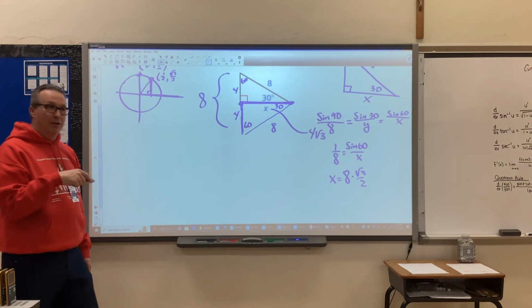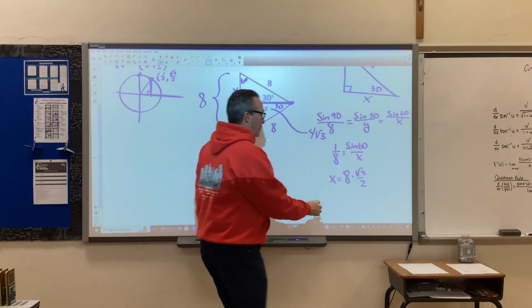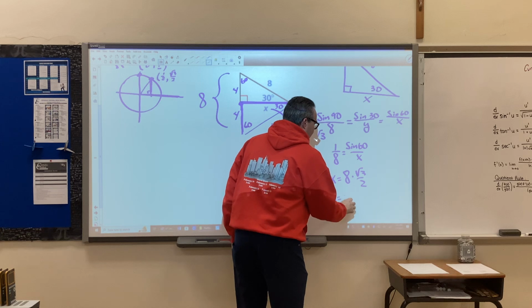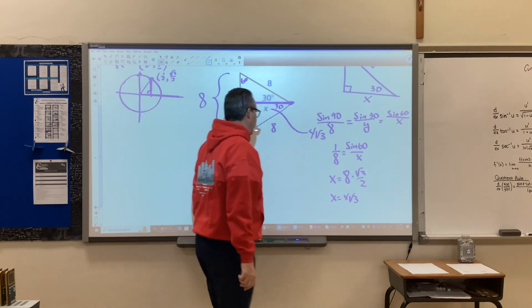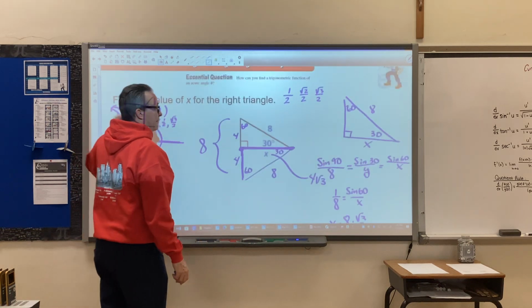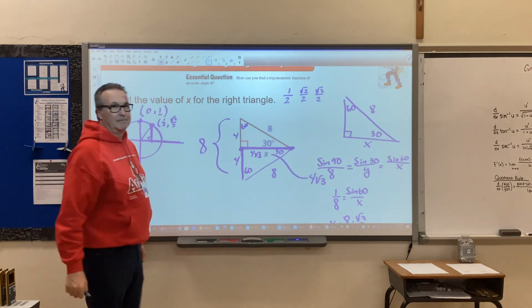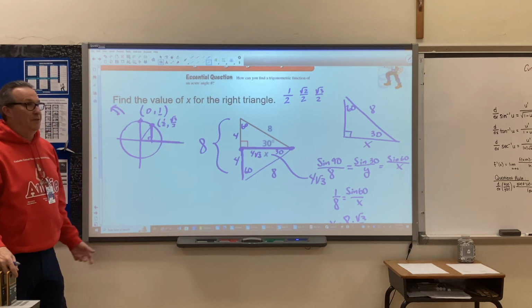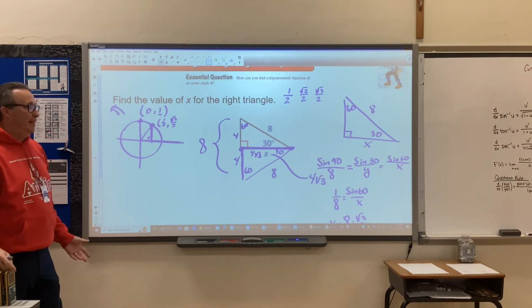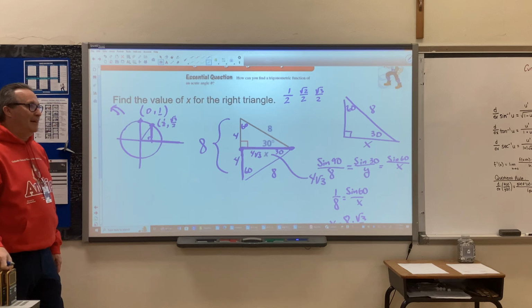And the 8 and the 2 reduce, and you get 4 times the square root of 3. That's what Maureen said it was, right? Like this, the shortest side times the square root of 3. You could use SOHCAHTOA, you could use any way to find that last side. I was just pointing out law of sines works on any triangle.